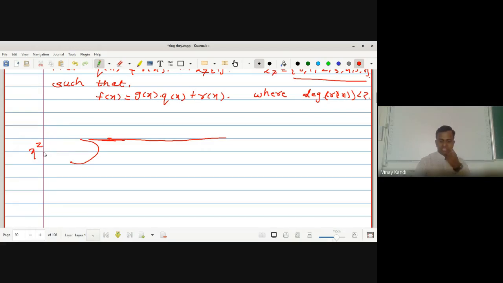x square, what is g of x? x square plus 2x plus minus 3.